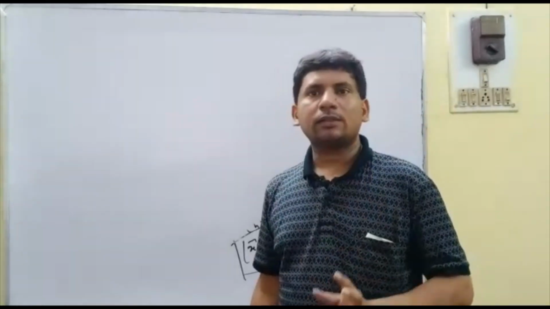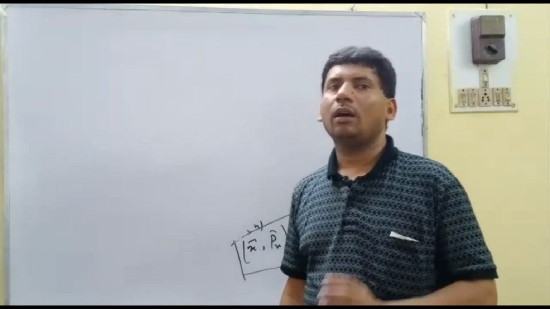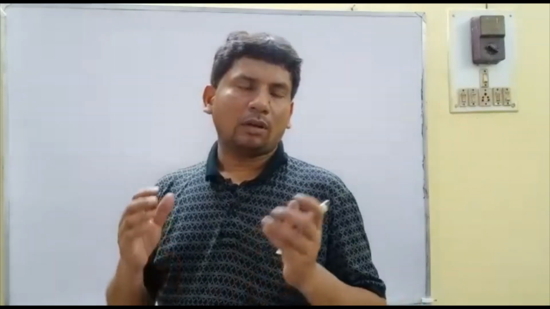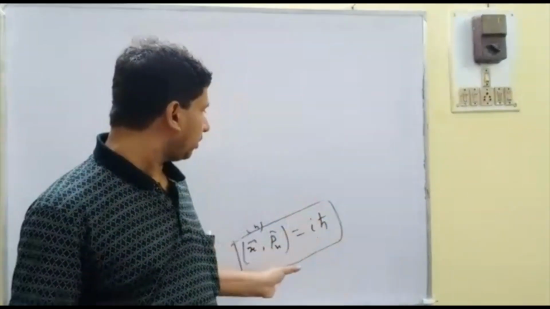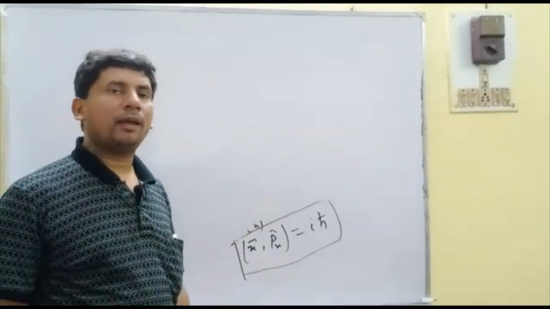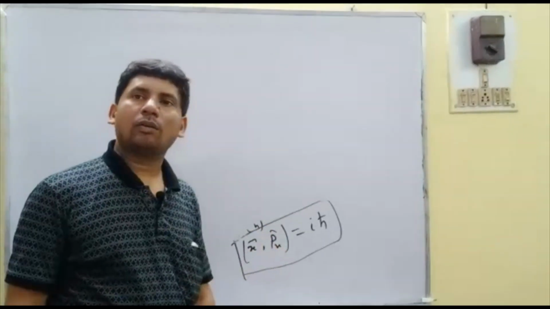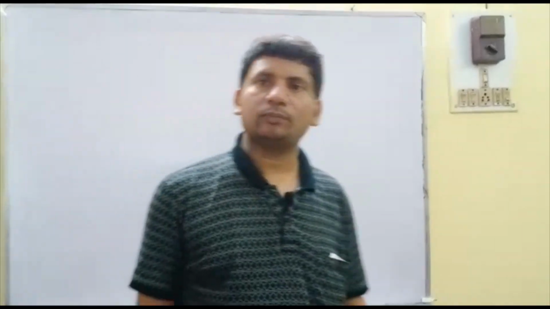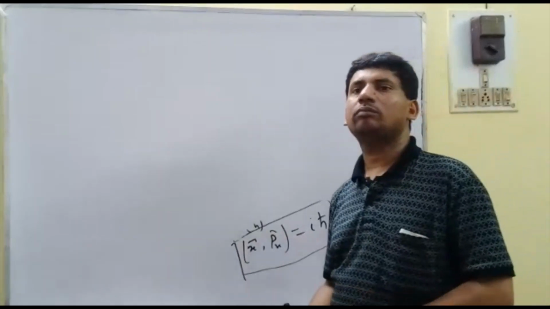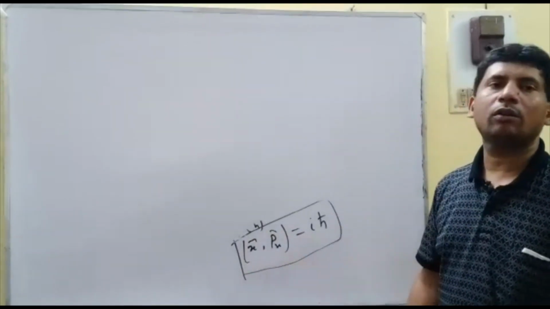Now what is the significance of this equation? It implies that the coordinate x and its conjugate momentum p_x do not commute.